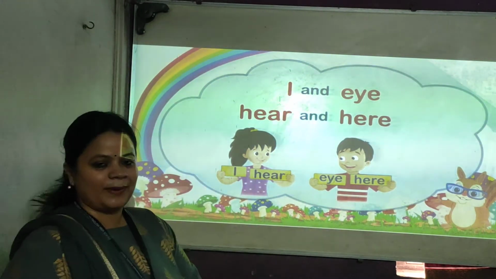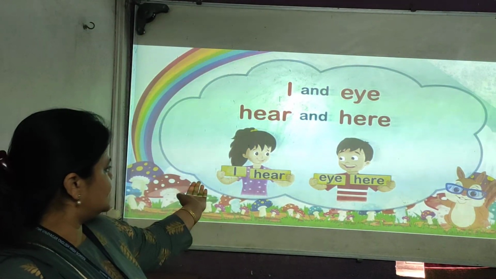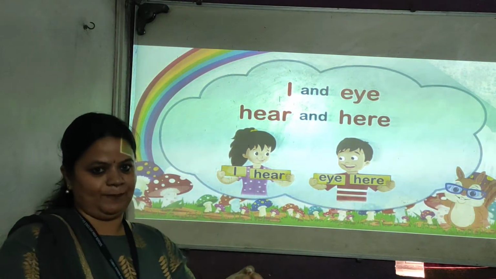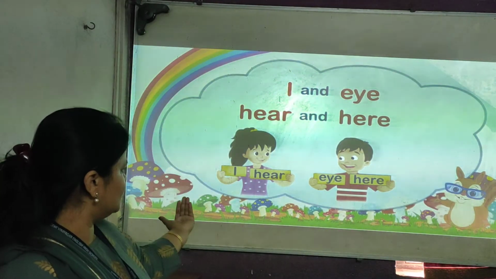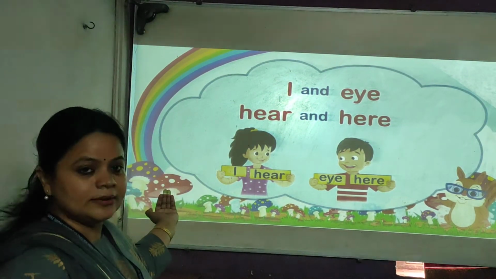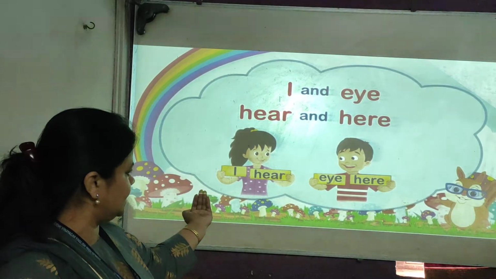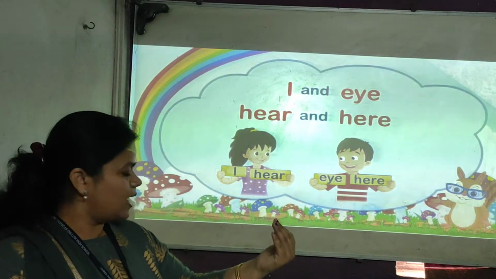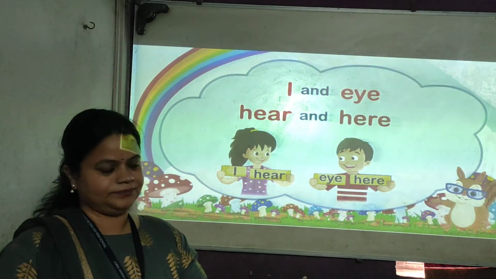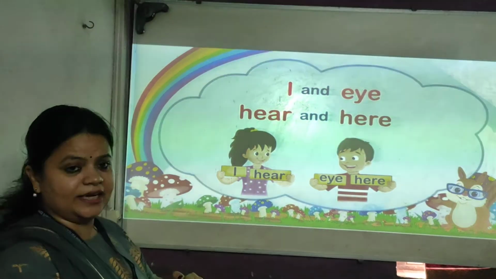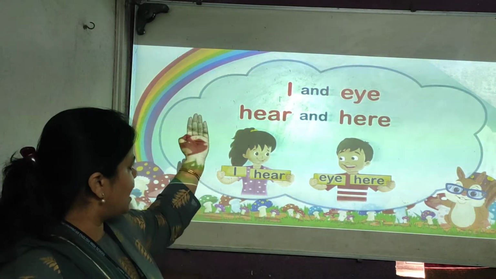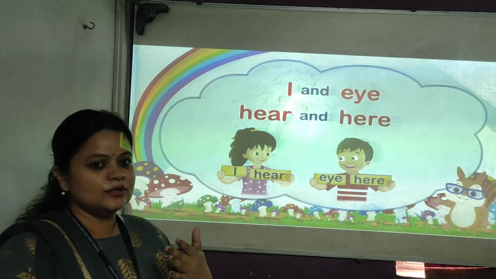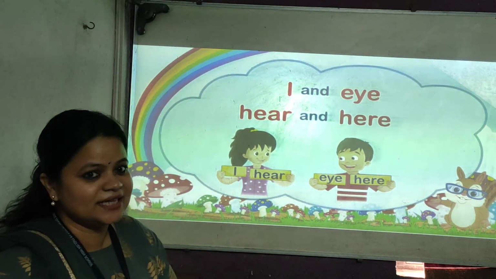What do you see in this picture, students? There is a girl and a boy holding two word nameplates. This girl is holding one "eye" nameplate and another "ear". The boy is holding "eye" in one hand and "ear" in the other. When we read these words, eye and eye, ear and ear, what do you feel, students?